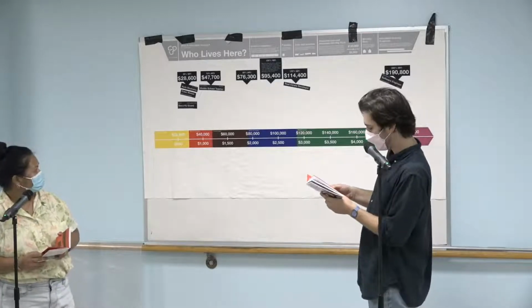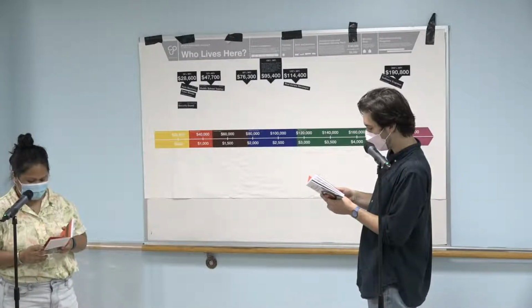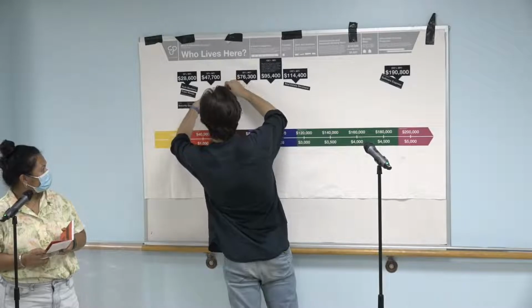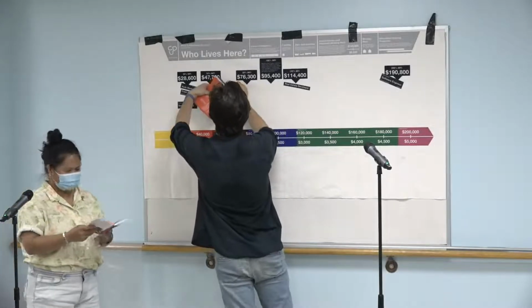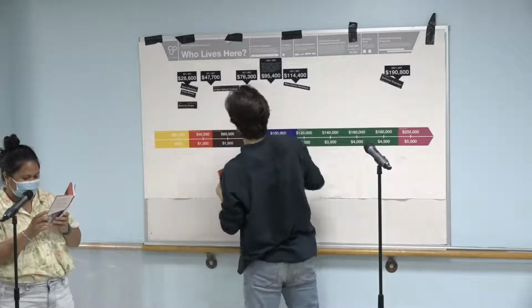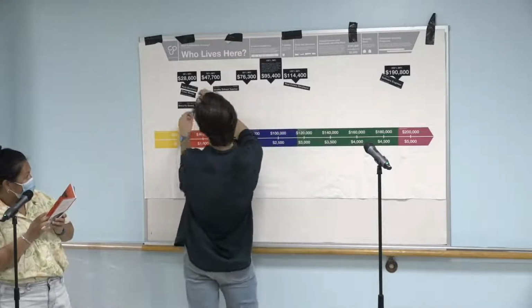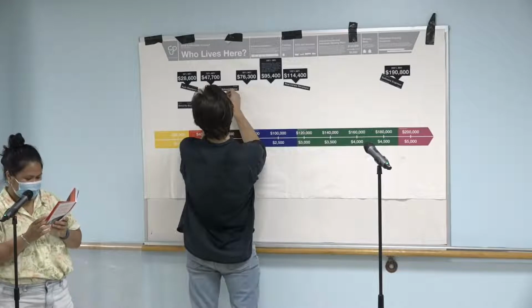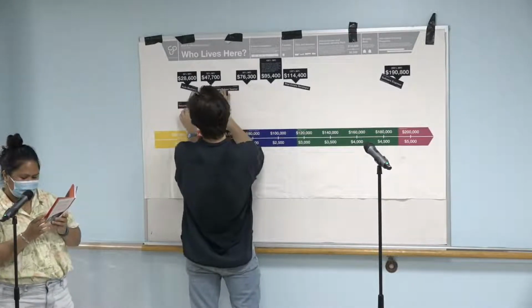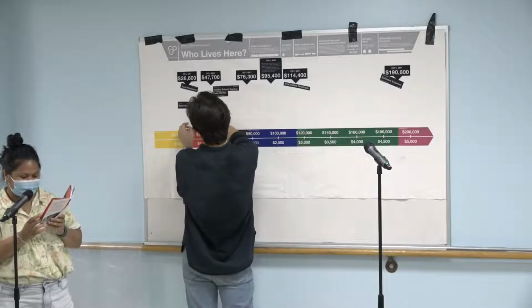For middle school teacher, our numbers here say up to 60,000, so I'll move that up. And then for the caseworker, construction worker, we had around 58, 60,000. For the security guard, we had around 37,000.